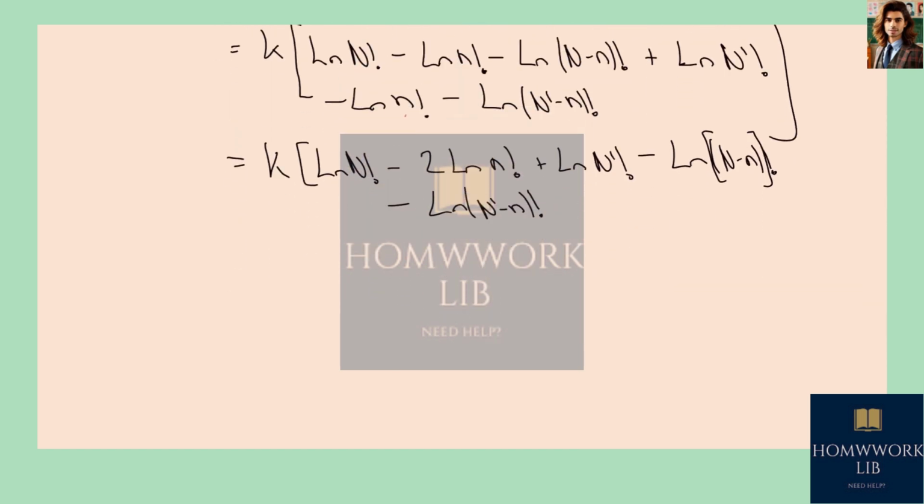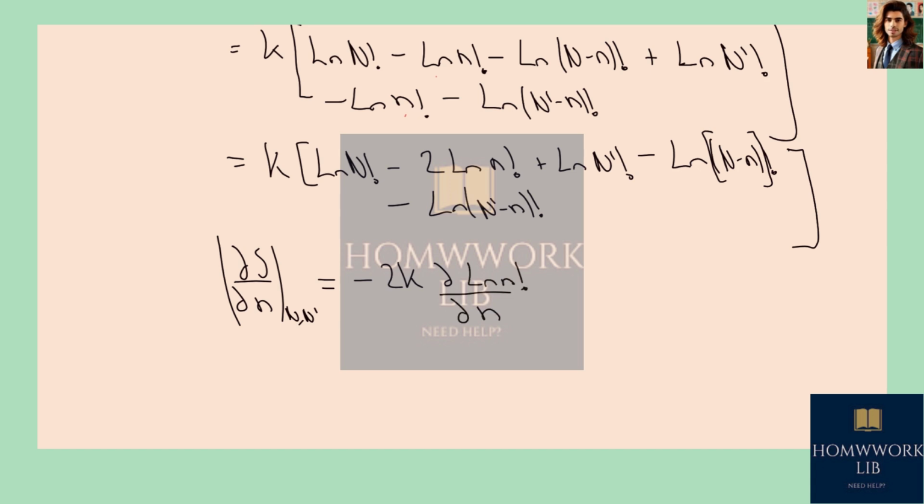So now with this, when we take the partial derivative of s with respect to n at constant n and n prime, this is going to become minus 2 times k, the partial derivative of the logarithm of n factorial with respect to n, minus k times the partial derivative of the logarithm of n minus n factorial with respect to n, and minus the same contribution but now with a prime in front of it.